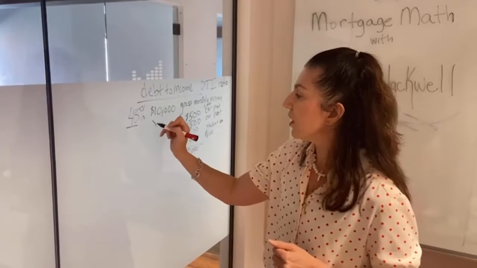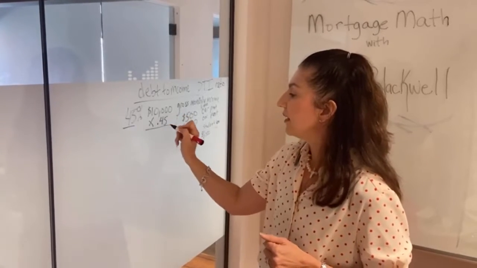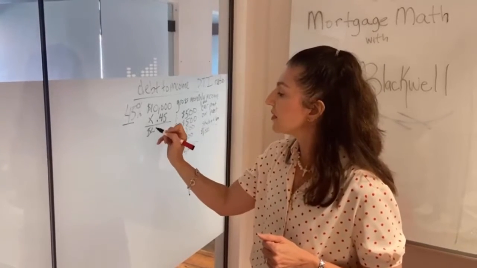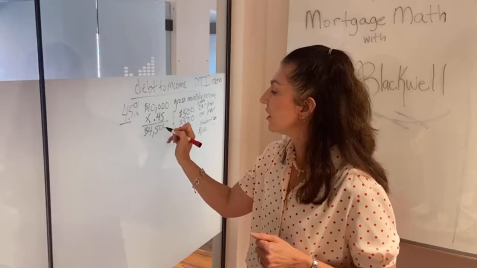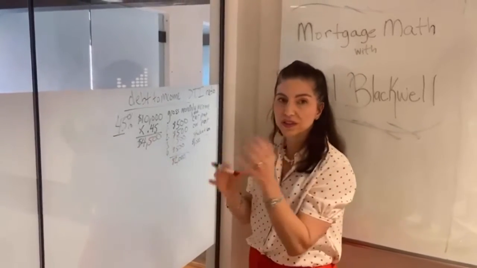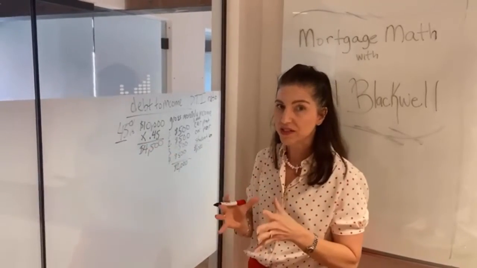So $10,000 per month times 45% as a decimal, 0.45, we get $4,500 per month. This is the total debt that this household can support.